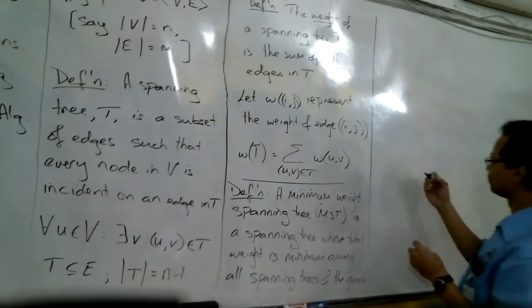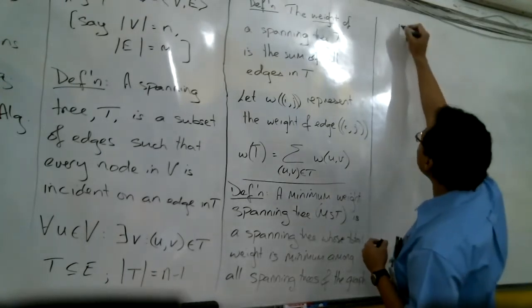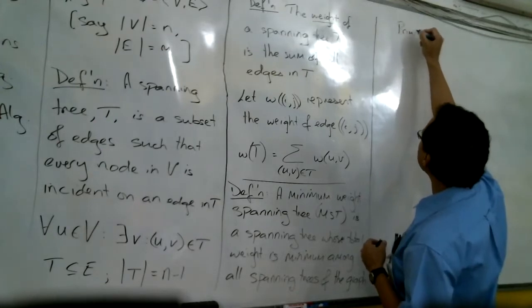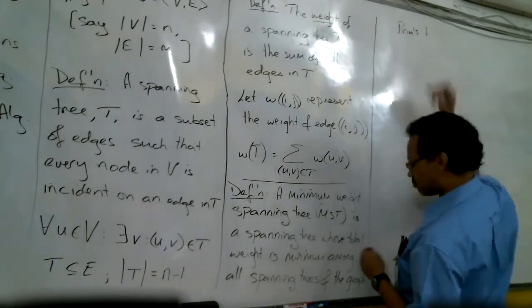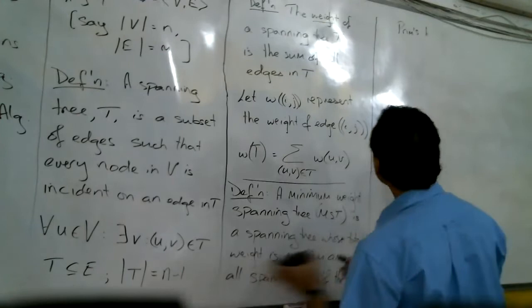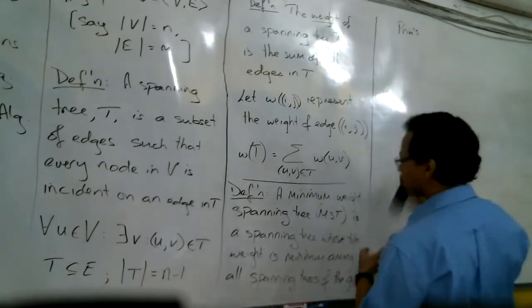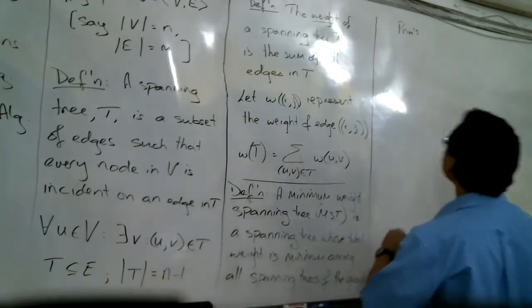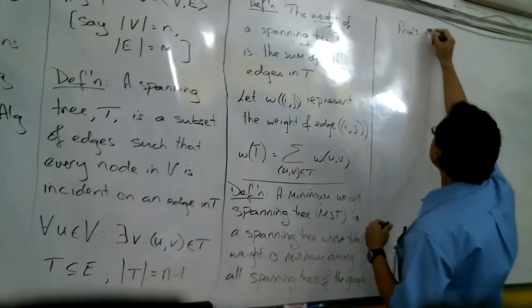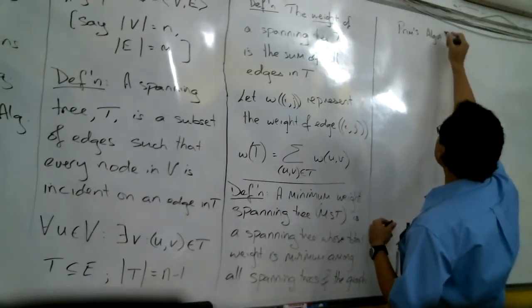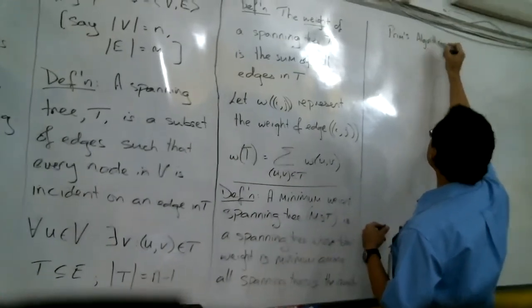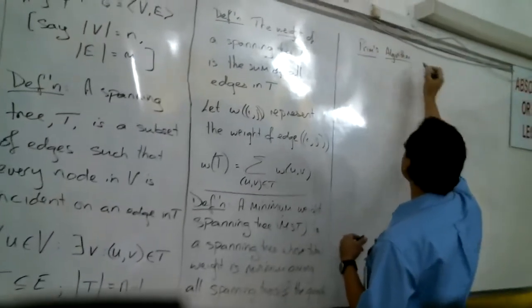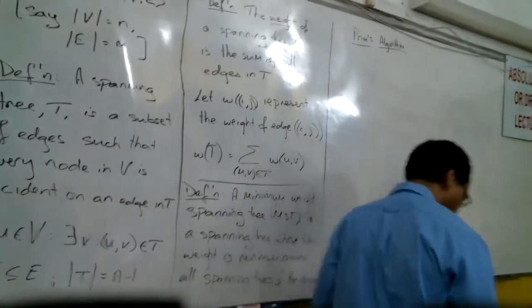So let's talk about Prim's algorithm first. And what I'm going to do, rather than give you the algorithm, is start by trying to illustrate for you why it works, why it's so. All right.